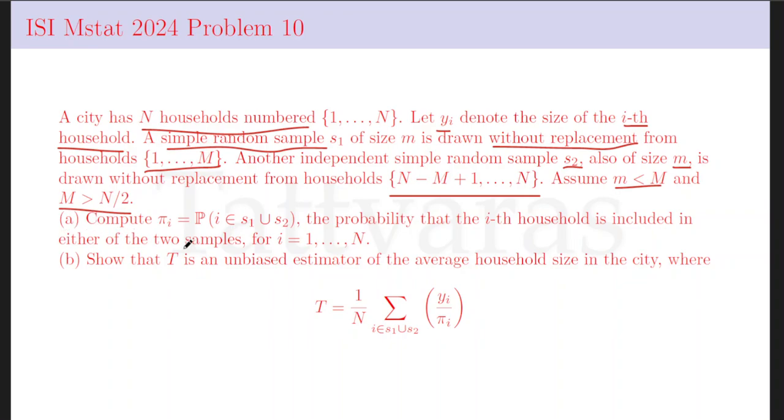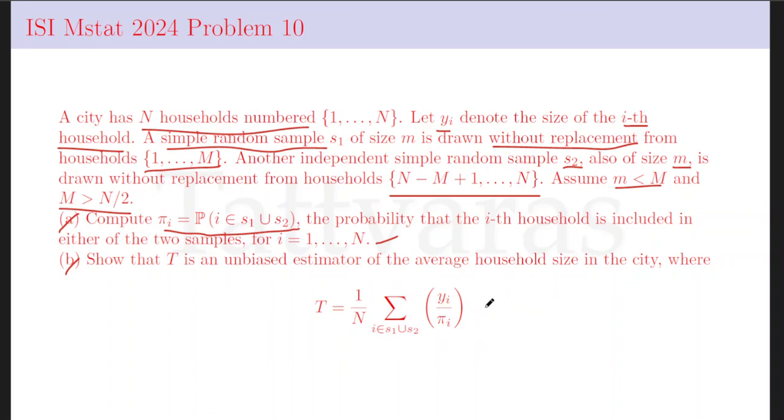So we have to compute firstly the probability that a unit i is included in the sample S1 union S2, and this we have to do for i equal to 1 to n. Secondly, we have to show that T is an unbiased estimator of the average household size, where T is defined in this manner: the sum of yi divided by the inclusion probabilities, for all units i that are in the sample S1 or S2.